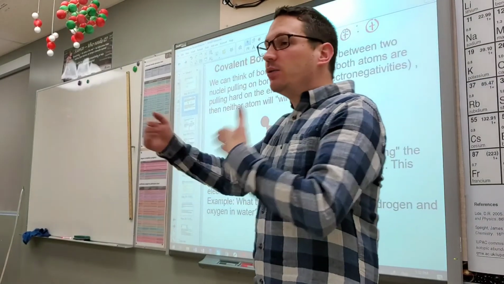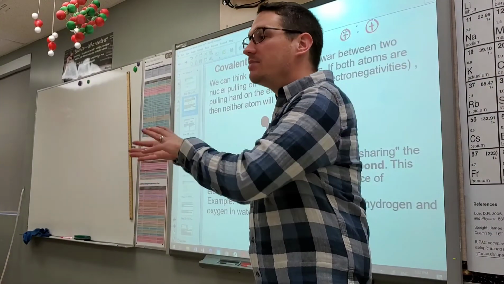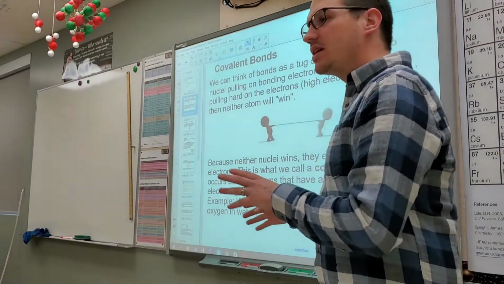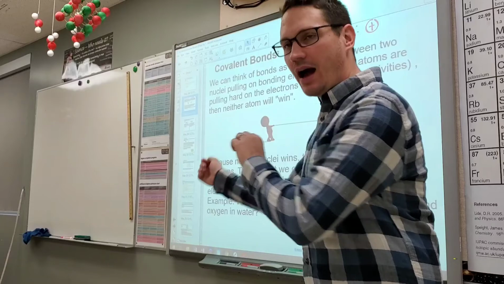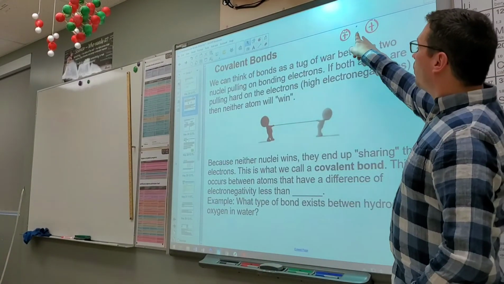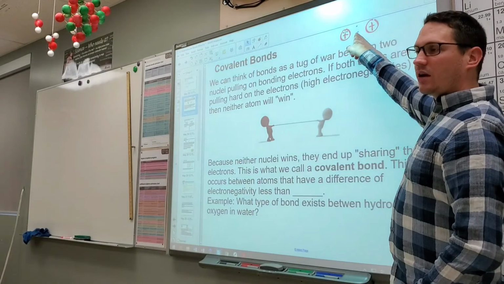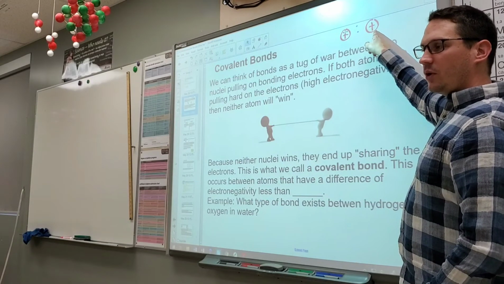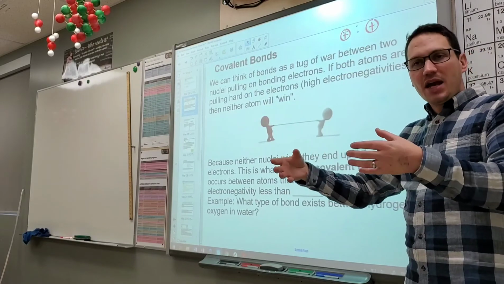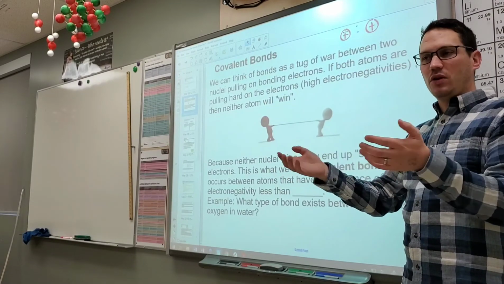Sometimes they're equally shared. Sometimes one person is winning a little bit, and sometimes one of the nuclei wins outright, totally wins. So remember, one of these electrons comes from one atom. One of these electrons comes from another. So each atom contributes one electron to this bond.